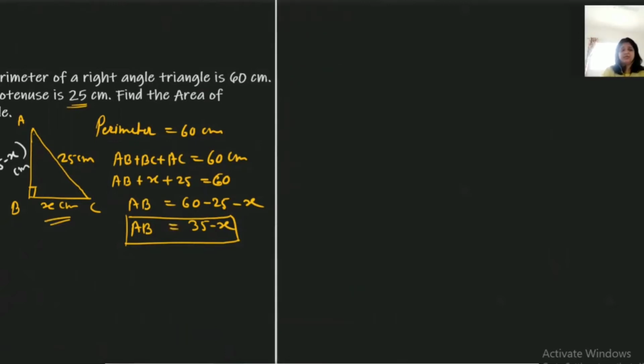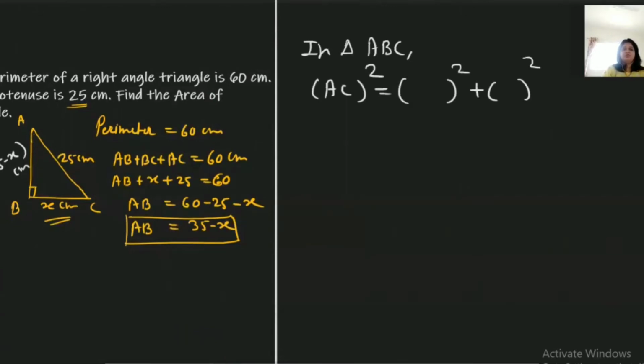The Pythagoras theorem defines that in a right angle triangle ABC, hypotenuse square, that means AC square, equals the addition of the squares of the remaining two sides.